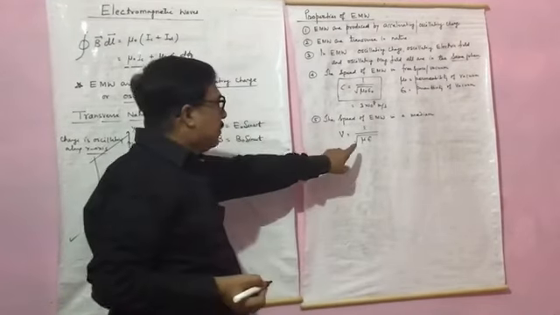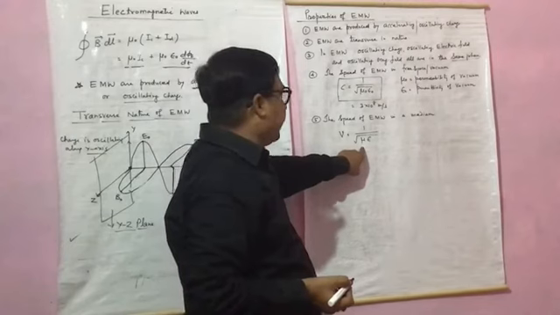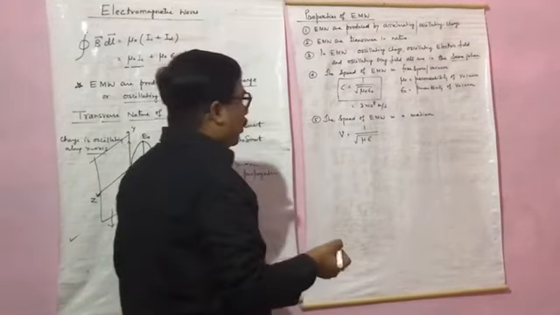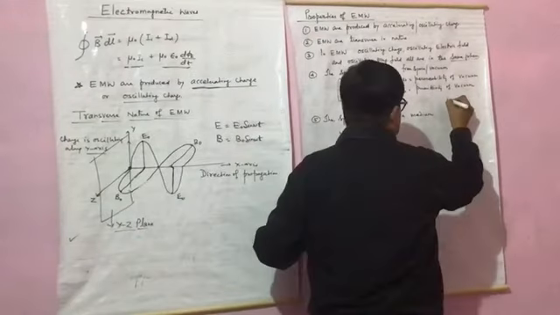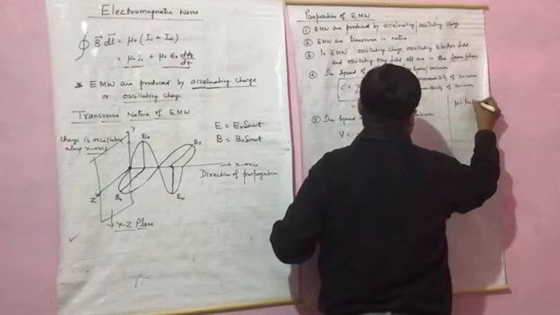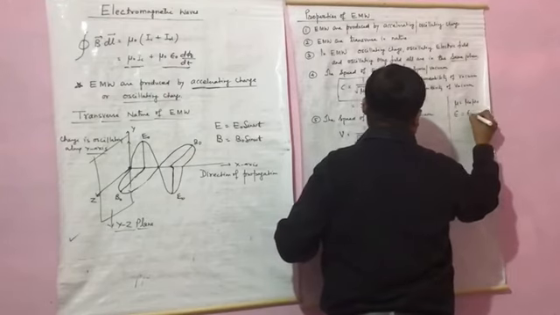So mu is permeability of medium, and epsilon is permittivity of the medium. Now we know mu is mu naught mu r, epsilon is epsilon naught epsilon r.